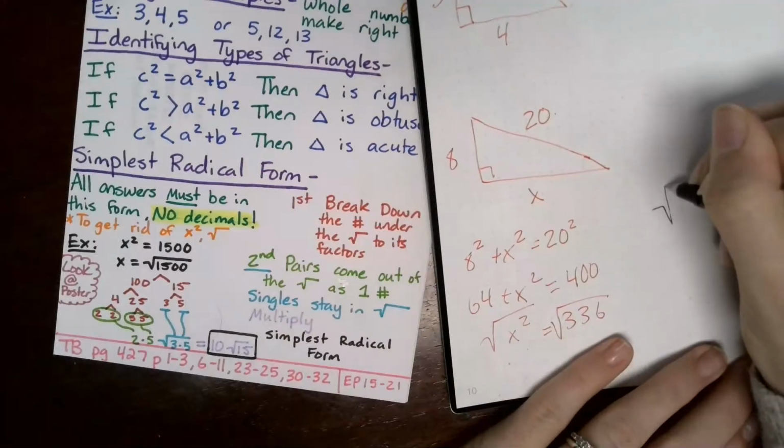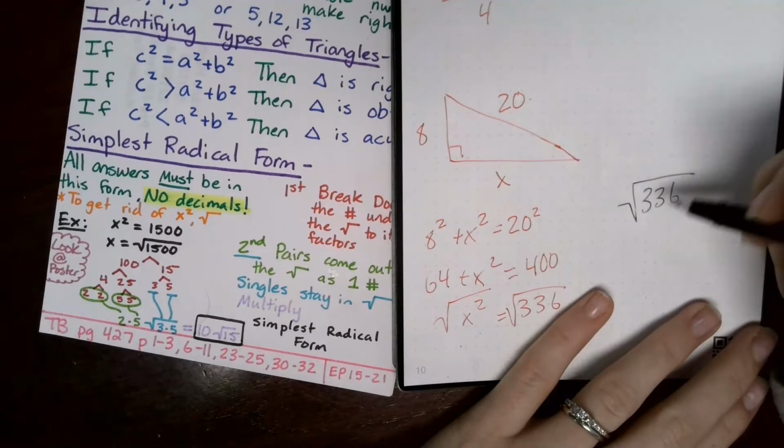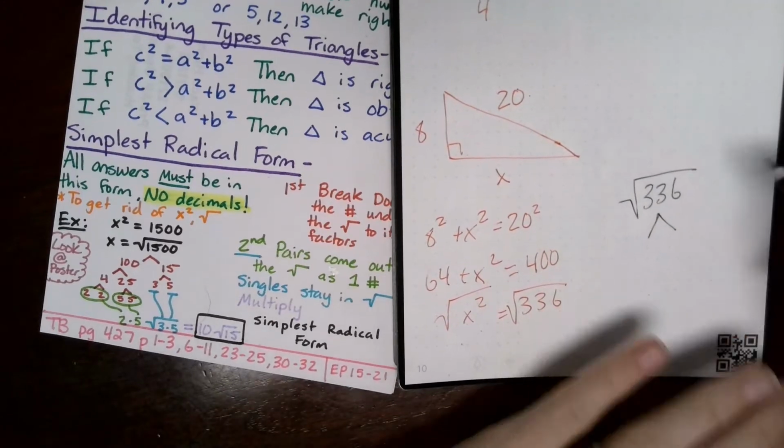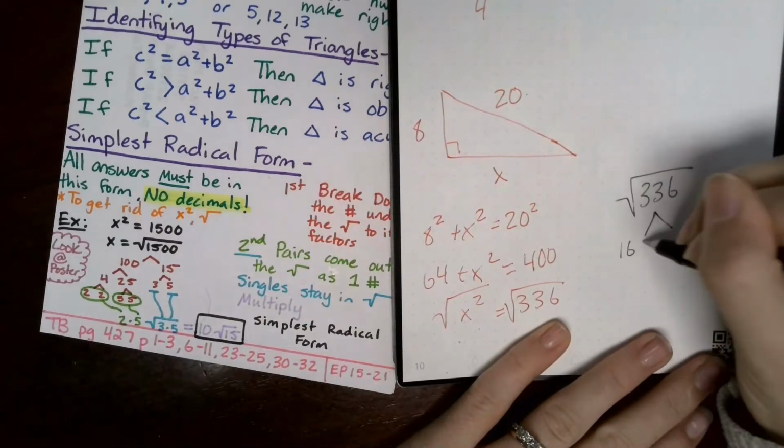So what that means is we can take 336, and I know 2 goes into 336, at least, because it's an even number. Divided by 2, it's 168 and 2.